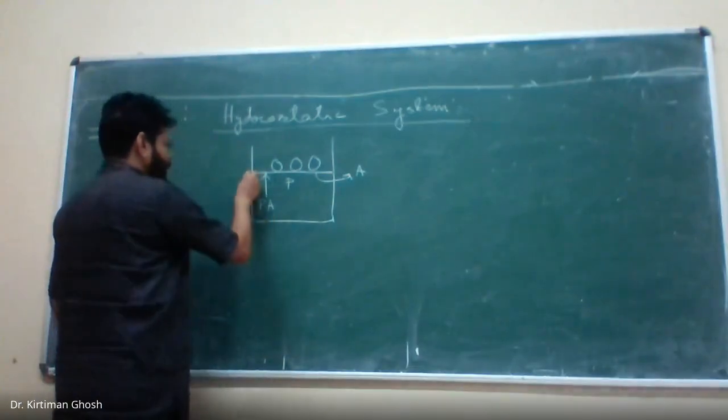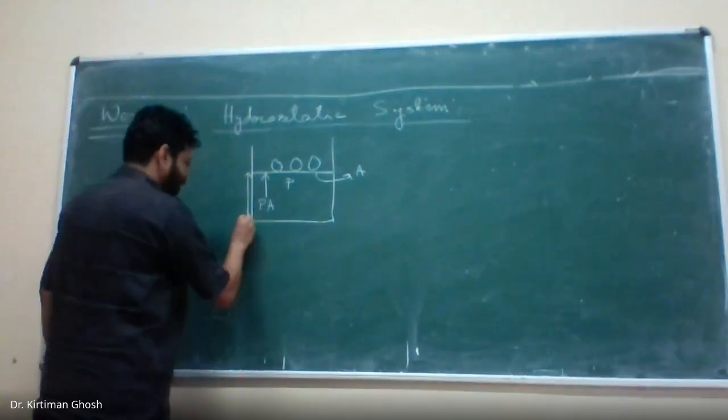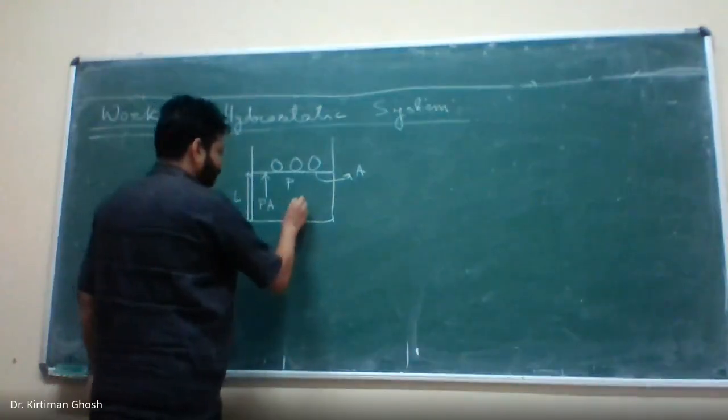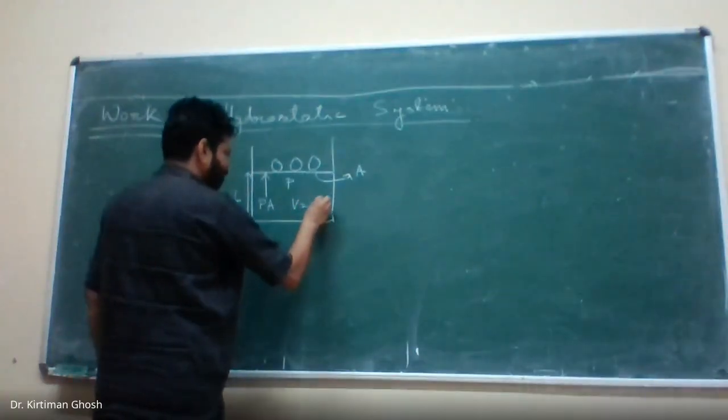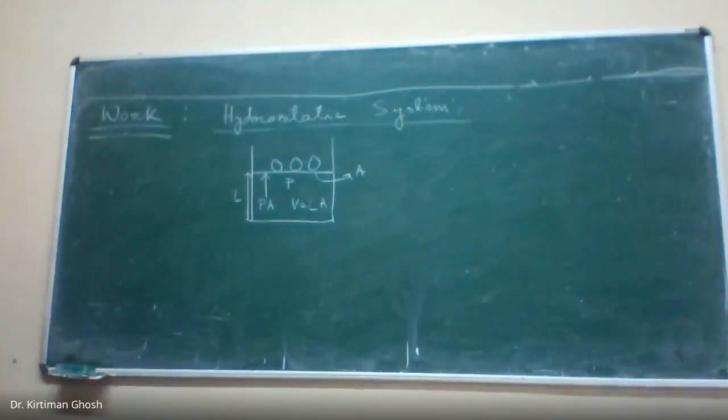Say the length of this gas column is L. So the volume V is equal to L times A. Okay, this is the setup.